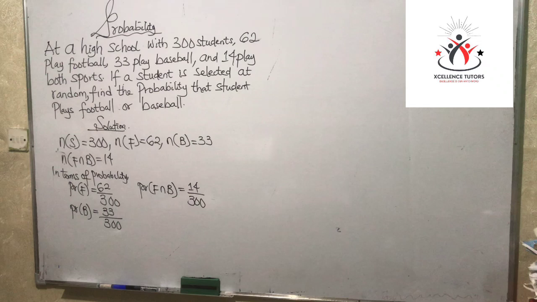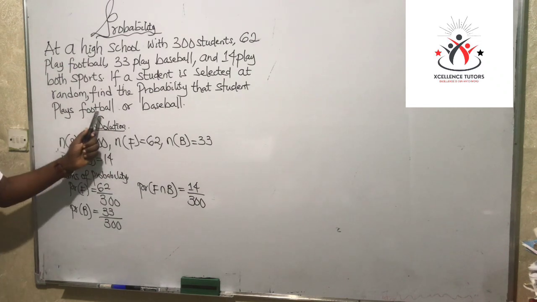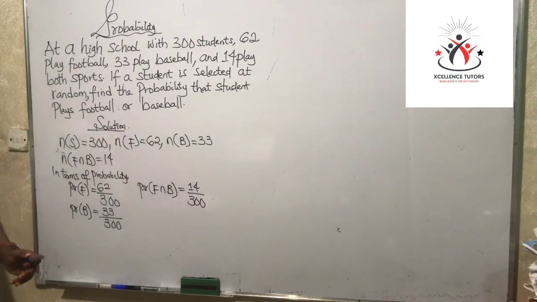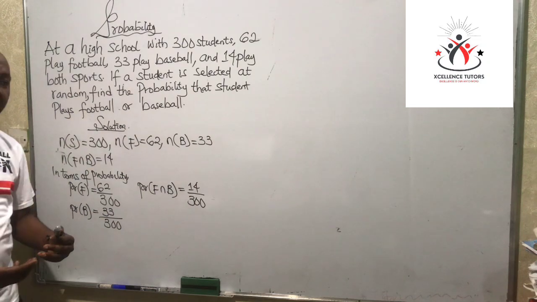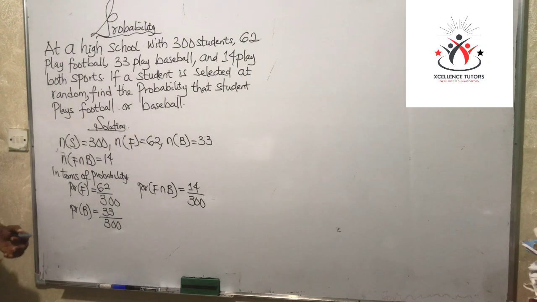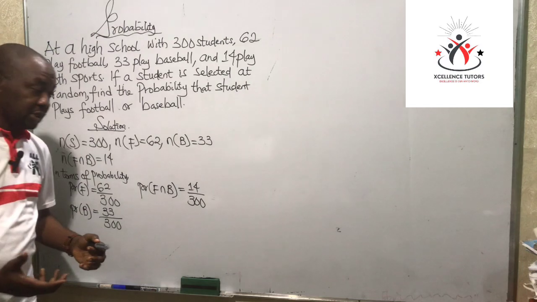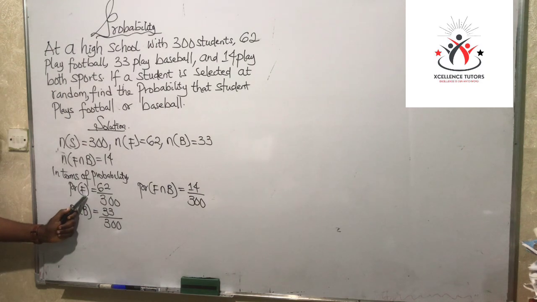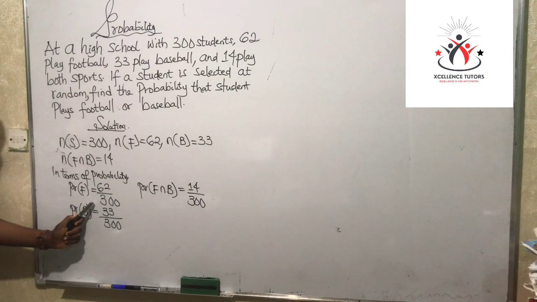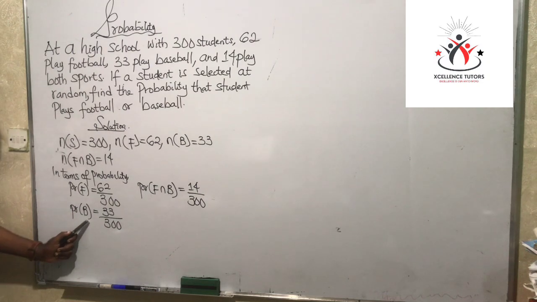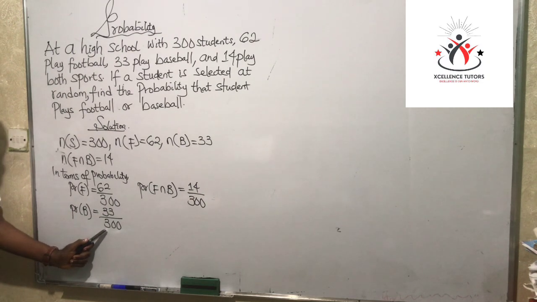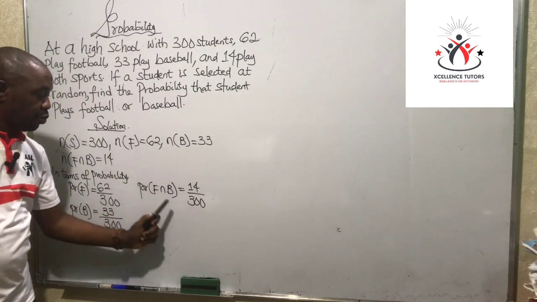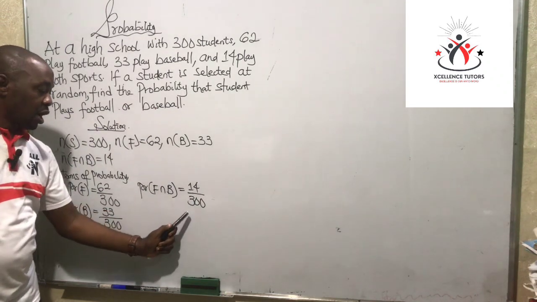Now, we want to obtain the probability that a student plays football or baseball. Don't forget that we are going to apply the addition rule in this case. We have football as 62 out of 300, baseball as 33 out of 300, and both sports as 14 out of 300.